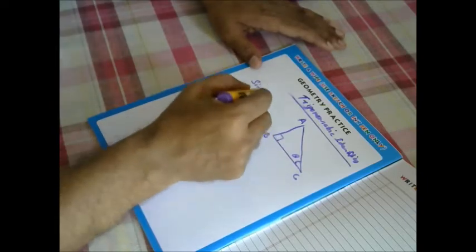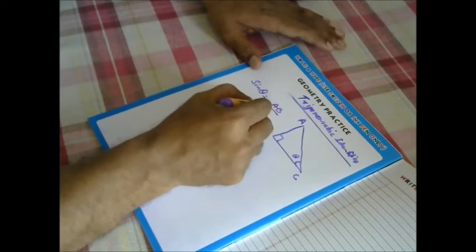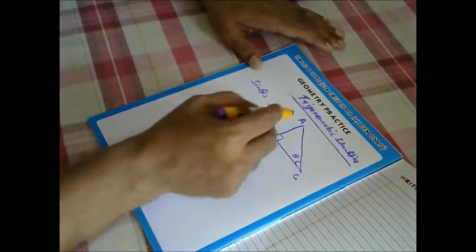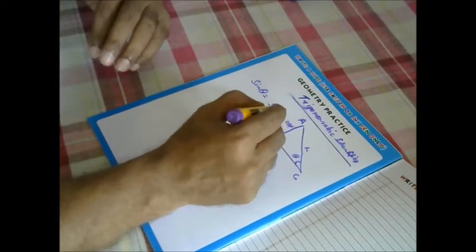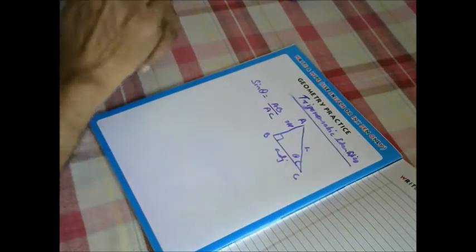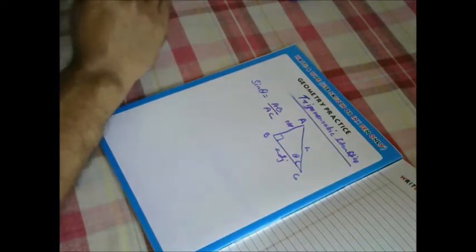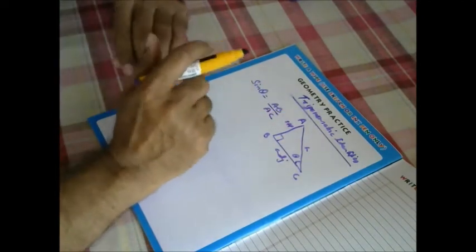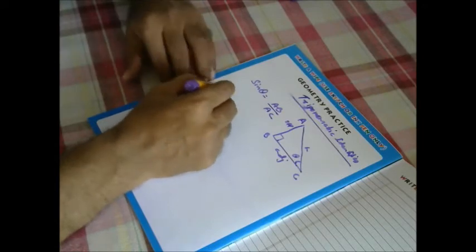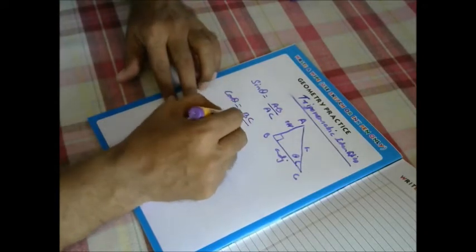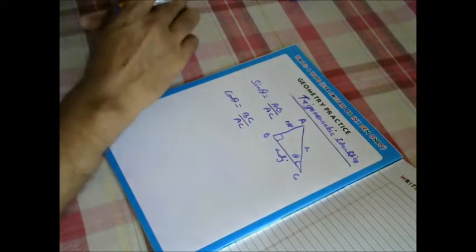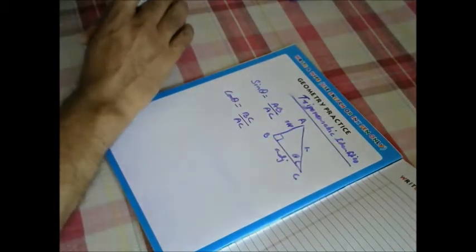Opposite is AB, so AB by AC, where AC is the hypotenuse. This is opposite, this is adjacent. So sin theta is equal to AB by AC. Similarly, cos theta is equal to BC by AC, adjacent by hypotenuse.